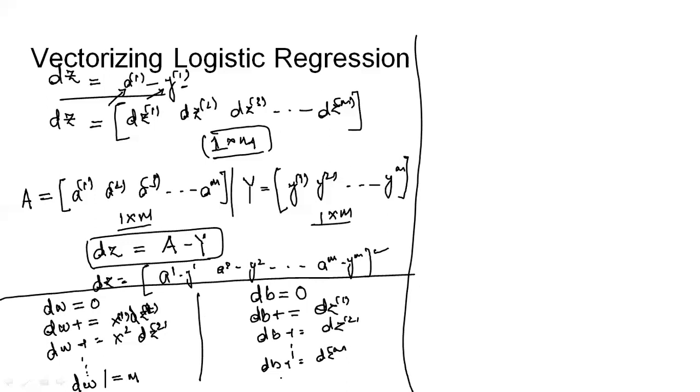And in the last, we were finding the average value of db as db divide equal to m. So this was the average value of db over all the m training examples.